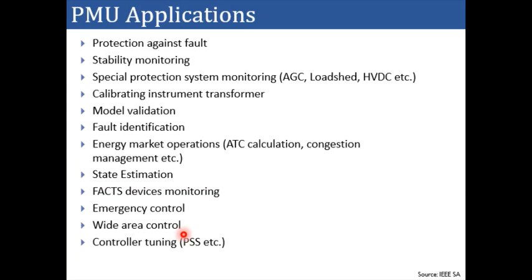So we can better monitor the power system network over a wide geography, and the data sent by the remote PMU will be time stamped, and we time align the data and verify the state of the power system network.